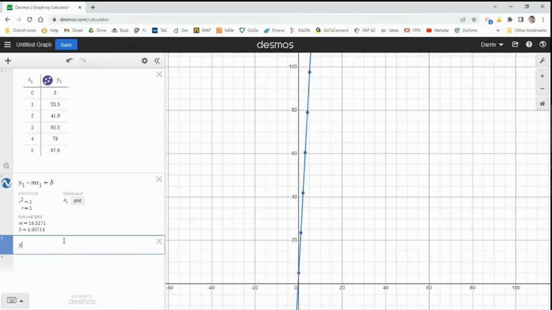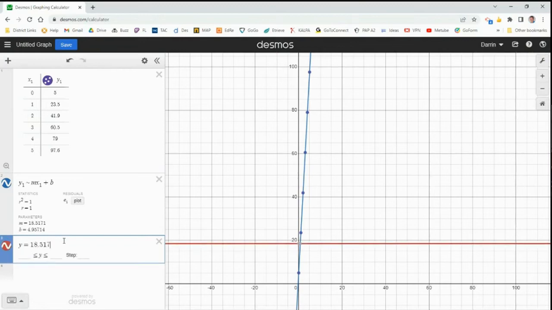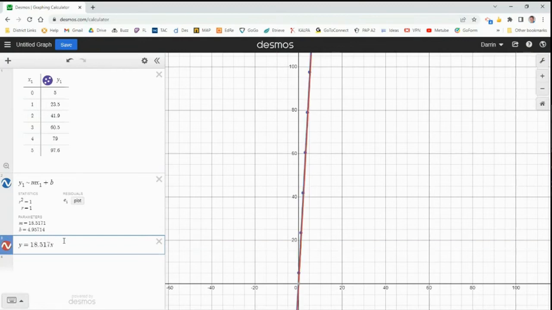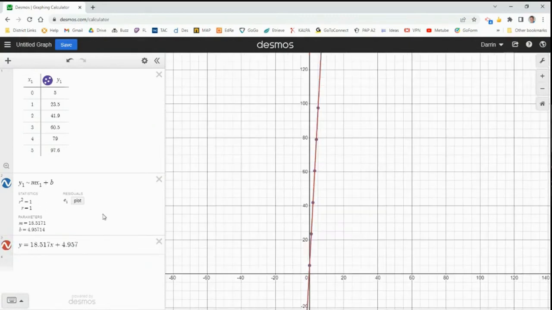So y equals, and again, we'll round it to the nearest thousandth here, 18.517x plus the b is 4.957. That's the exact same line. If we turn the red line on and off, it's exactly the same as the blue line that they figured.